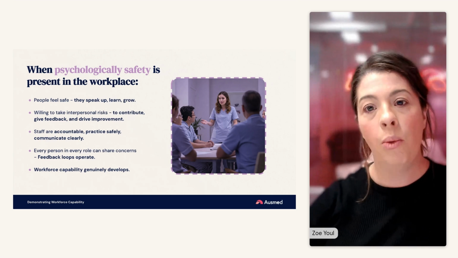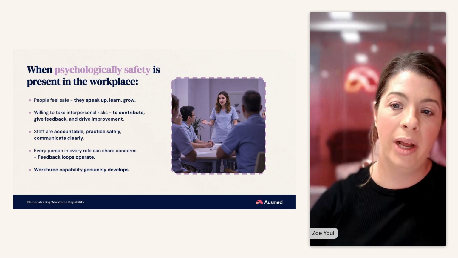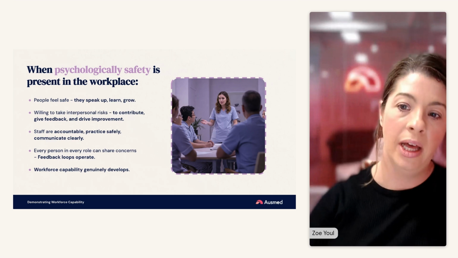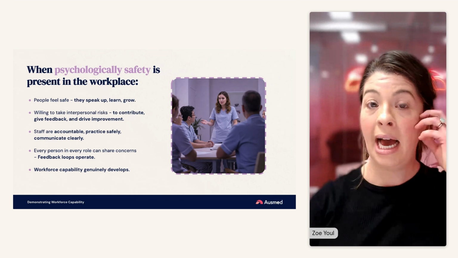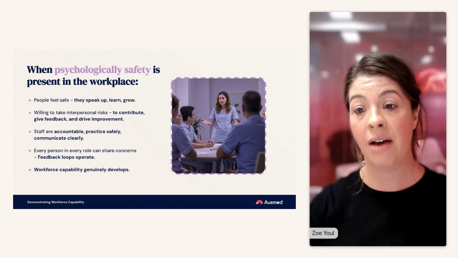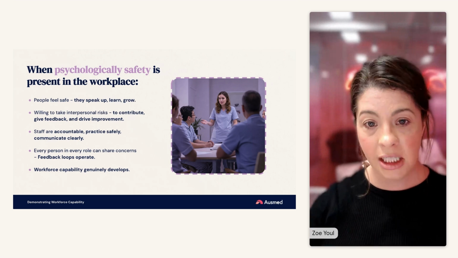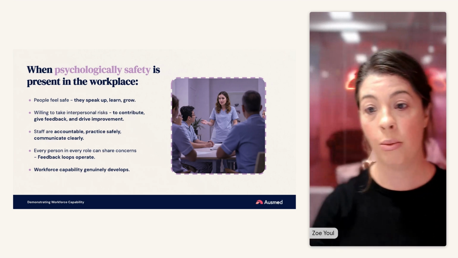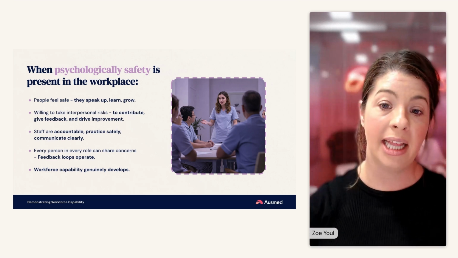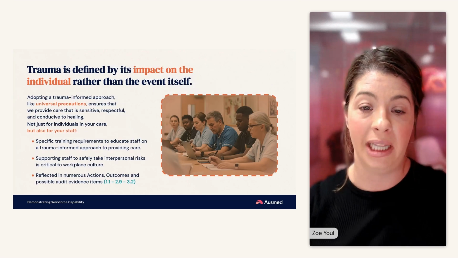So that's where workforce capability develops. When every person in every role can share their concerns, we get a feedback loop. Now, we can't drive continuous improvement without feedback loops. So this principle of psychological safety, and as you'll see, closely connected with trauma-informed care, is a real enabler to workforce capability genuinely developing.